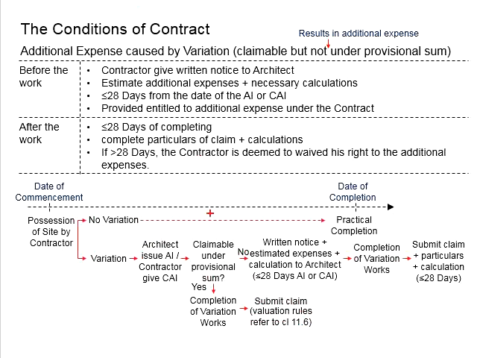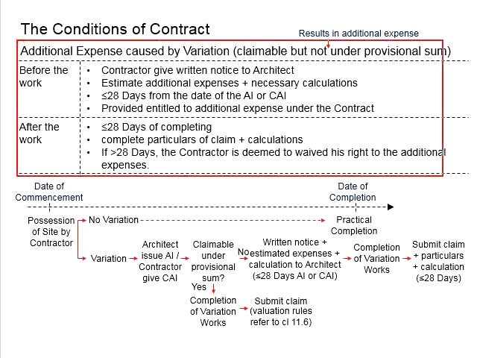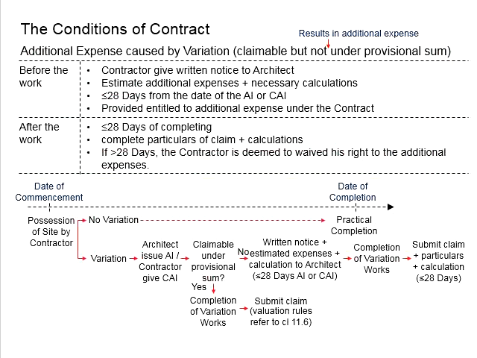Now let's say that the variation is claimable not under the provisional sum. This comes back to the topic that we have discussed in this video, where the contractor will need to notify the architect regarding the estimated additional expenses that may be incurred due to the variations.